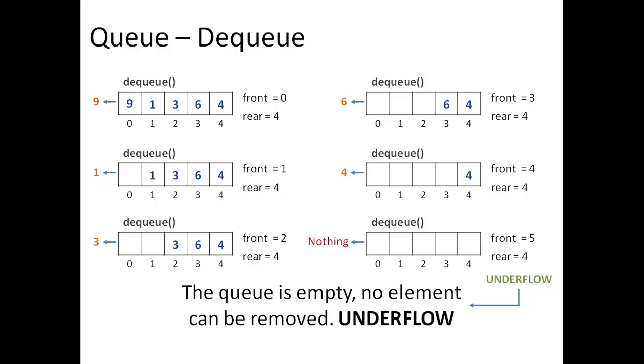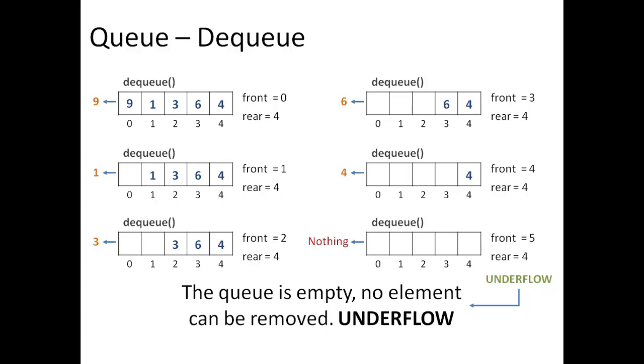Similarly, the condition for overflow is when rear pointer reaches the maximum index. So rear, if it is equal to 4 in this case, then that signifies the overflow condition which we have just seen. However, there is a problem with this implementation.